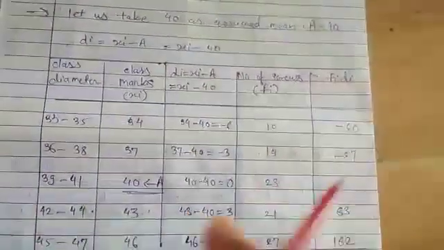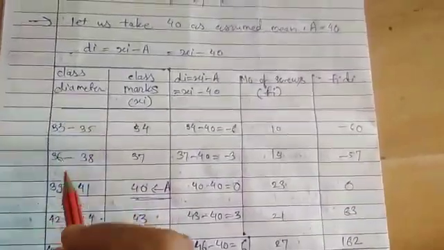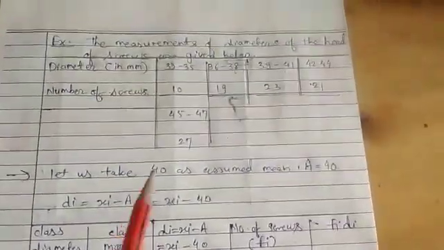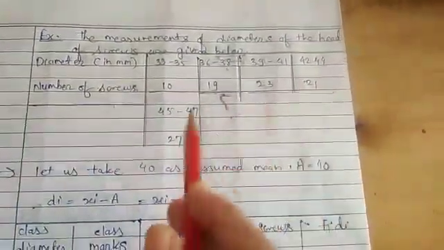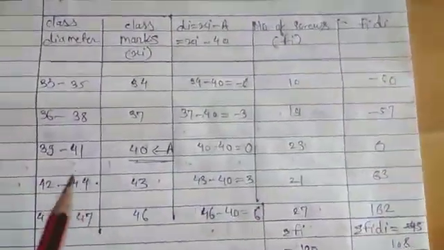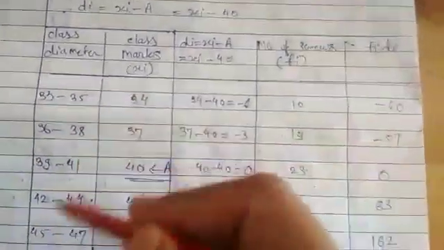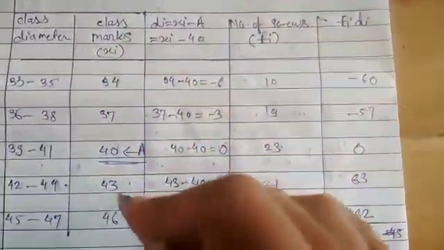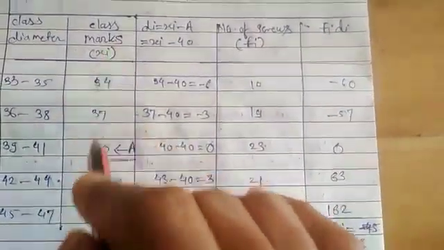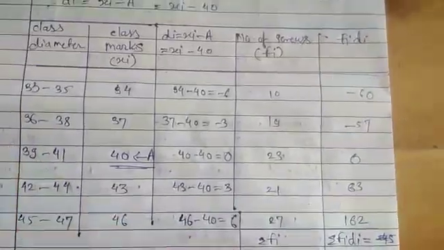Let us start solving now. In the first column, write down the 5 classes given in the example as class diameters. Then in the second column, as per the direct method, make the class marks of the respective classes.